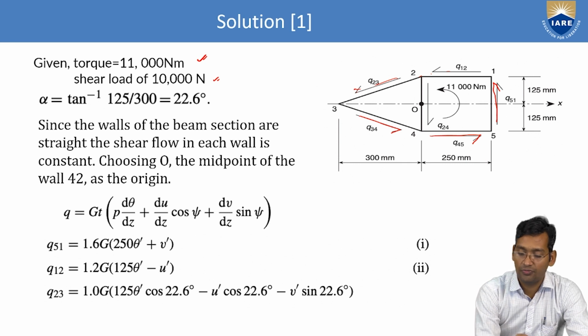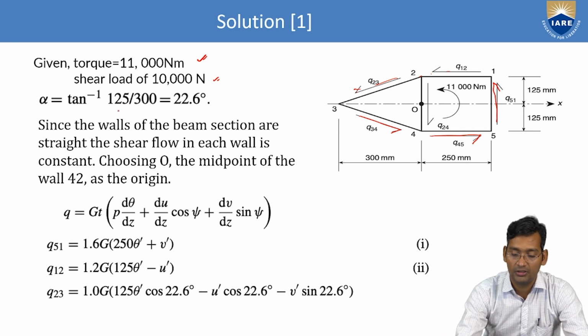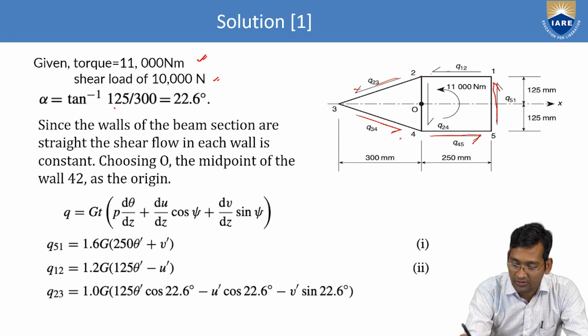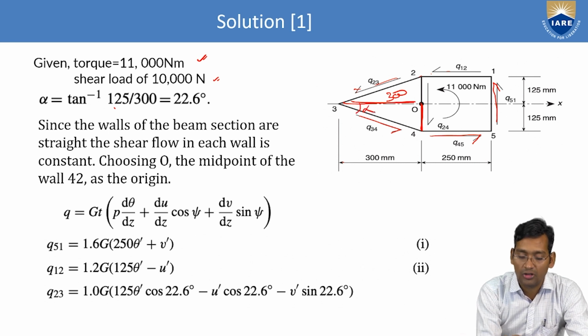Now from the figure find tan alpha, right? So tan alpha will be 125 by, you can see this is 125, right? And this is given as 300. So this angle we can find as alpha, the adjacent being this one.